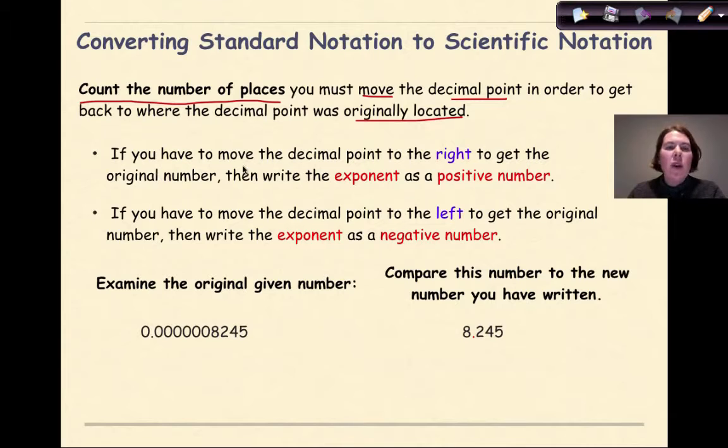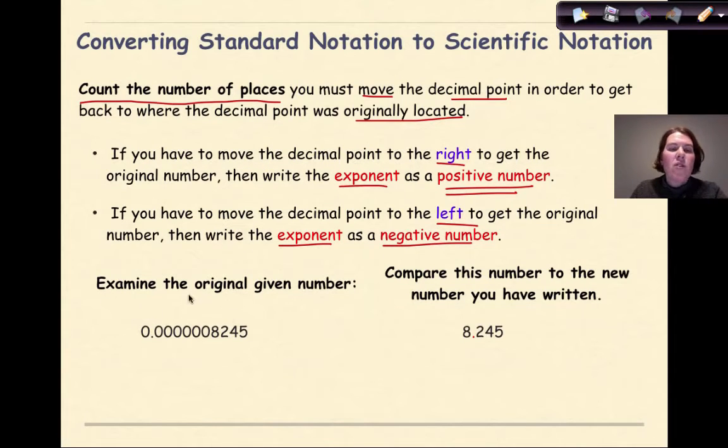If you have to move the decimal point to the right to get to the original number, then write the exponent as a positive number because you have a number that is going to be greater than 1. If you have to move the decimal point to the left to get the original number, then write the exponent as a negative number because now you have a number that is less than 1.